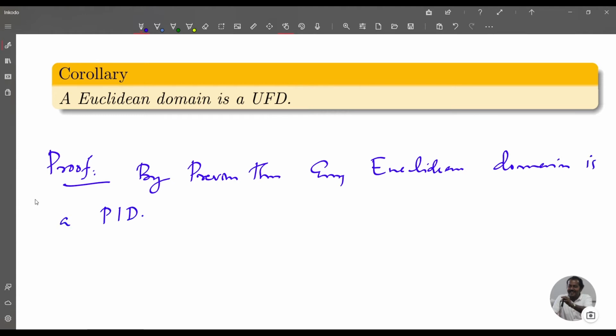We already proved this. And we have every PID is a UFD. So every Euclidean domain is a principal ideal domain, and every principal ideal domain is a unique factorization domain. Therefore, every Euclidean domain is a unique factorization domain.